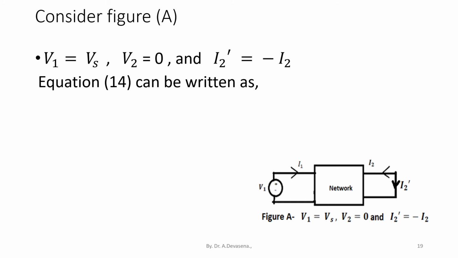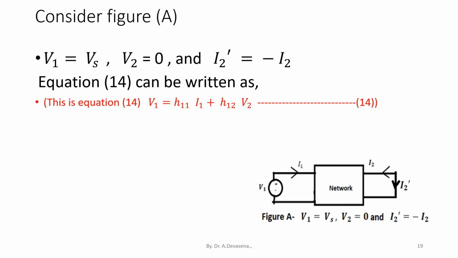Equation 14 is V1 is equal to h11 I1 plus h12 V2. Here in place of V1 we put Vs and in place of V2 we put 0. So equation 14 becomes Vs is equal to h11 I1. Consider this as equation 16.